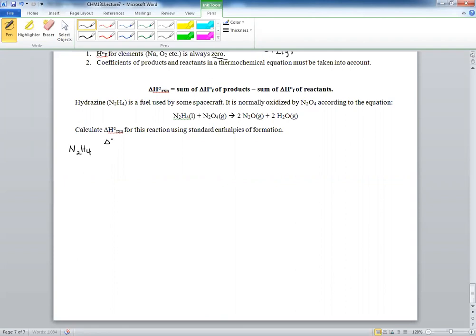N2H4, delta HF, N2O4. So these are our reactants and these are our products.